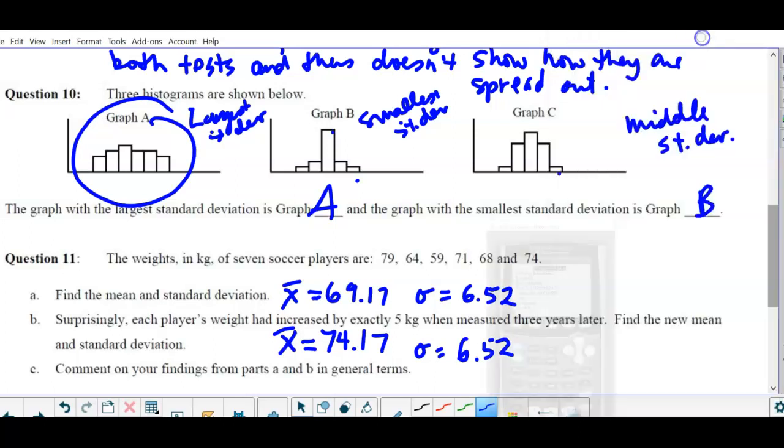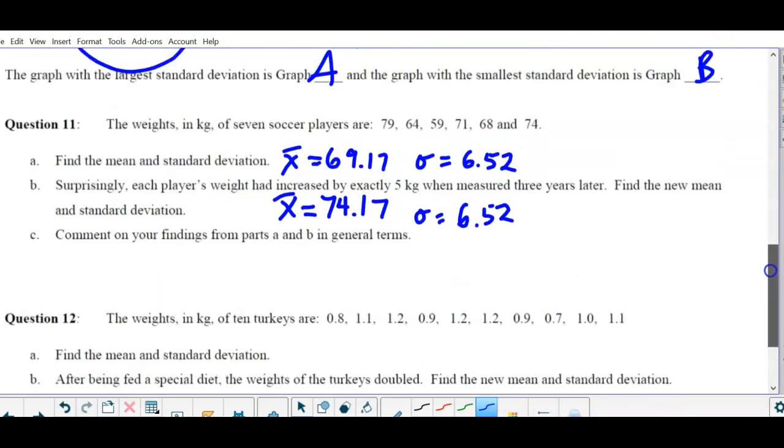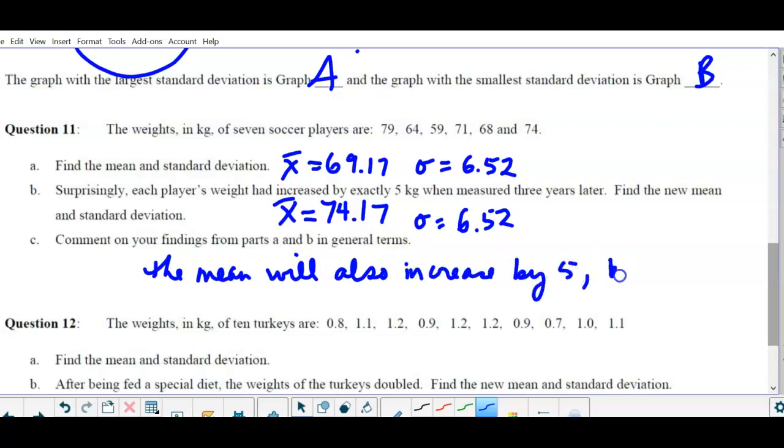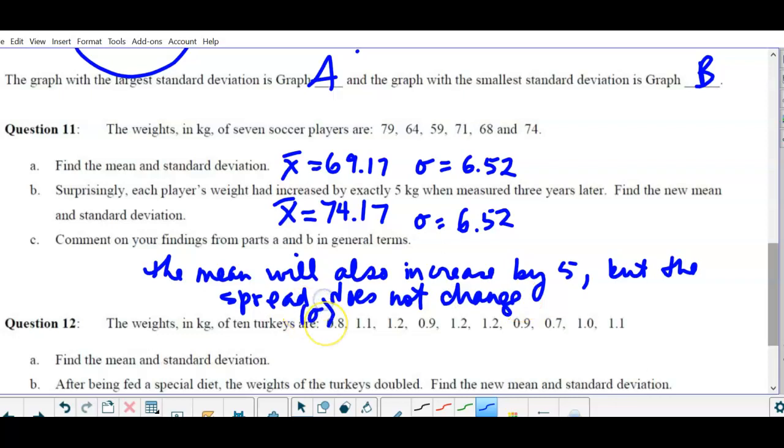So it won't change the standard deviation. So comment on your findings. So the mean will also increase by 5, but the spread does not change. Okay, and the spread is really your standard deviation.